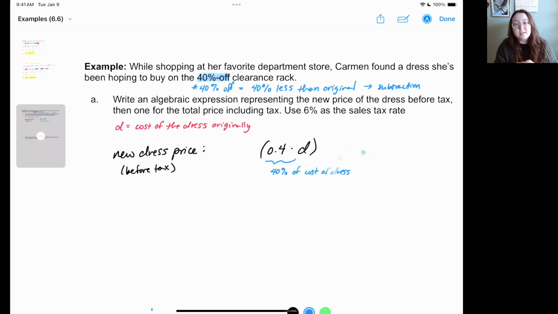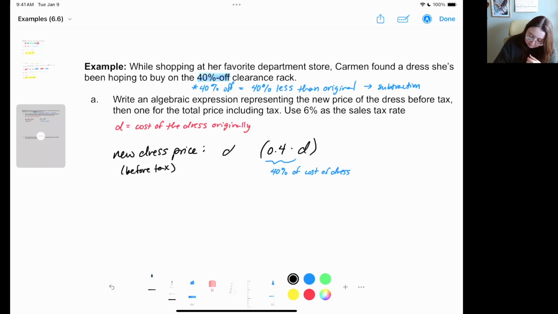Now, a lot of the times we'll do this and be thinking that we're done. That is 40% of the cost of the dress. But remember, it's 40% off. So it's the original price of the dress minus that new value. So the original price of the dress minus 40% of that cost.